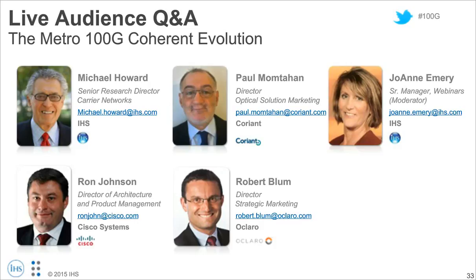Yeah, I think that's for me as well. Okay, you go, Ron. No, go ahead, Robert. I'll talk after you. I was going to say, that's certainly something that's on the roadmap, but if you look at the development on the CFP2, driving it to higher baud rate, higher order modulation formats, and compensating for some of the losses with SOAs, we really see the CFP2 as the play for those higher density requirements.